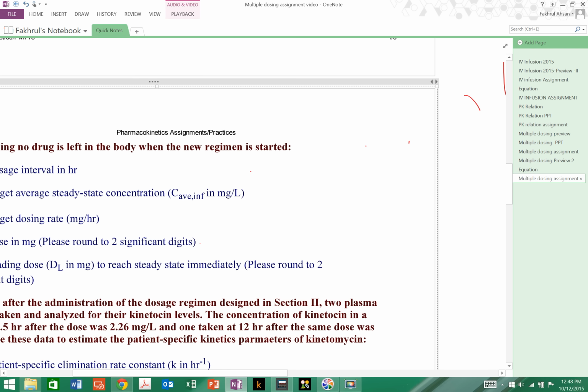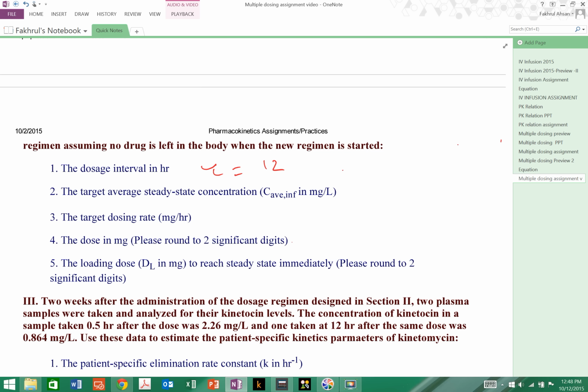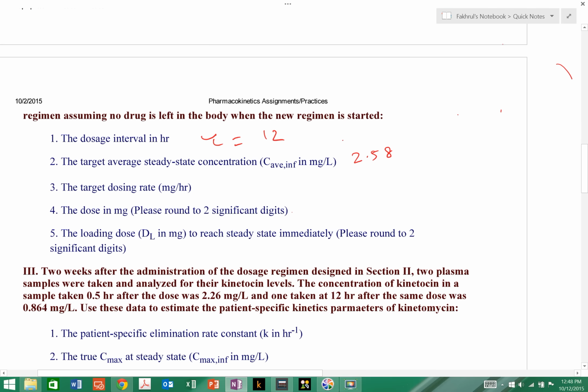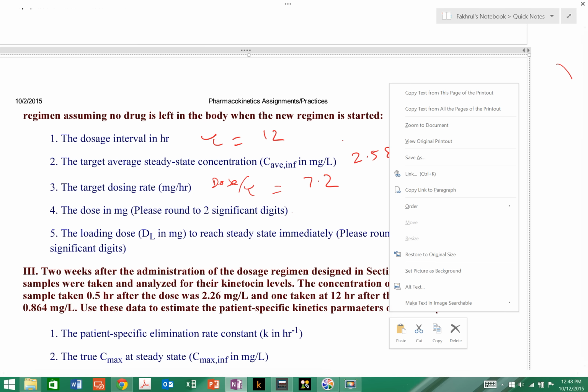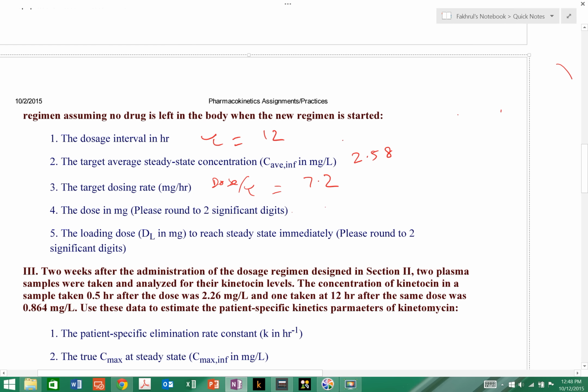Our dosing interval tau is 12 hour, the target C average concentration is 2.58, our dosing rate, dose by tau, is 7.2, and the dose would be 7.2 times 12, which is 86 milligram.